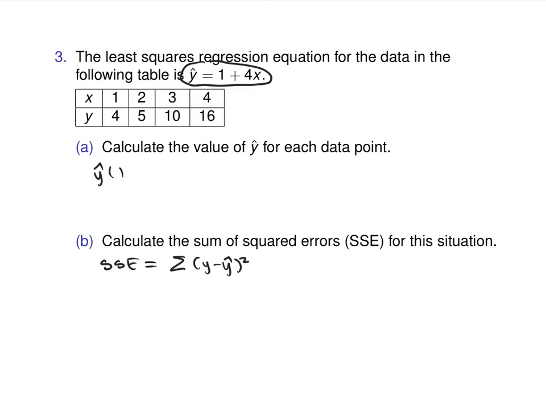What is y hat of 1? 5. You get that by plugging 1 into this equation for x, right? Does that make sense? What is y hat of 2? Y hat of 3 is 17. And y hat of 4 is 17. For some stuff like that, it's easier not to use a calculator, isn't it? It's actually faster to use your brains than to punch those buttons.